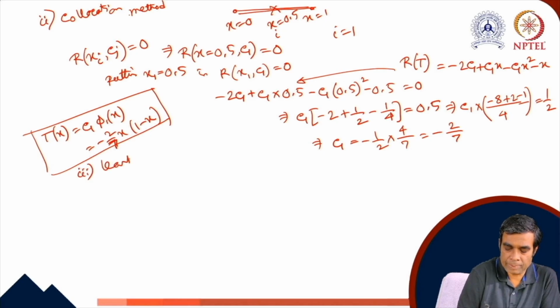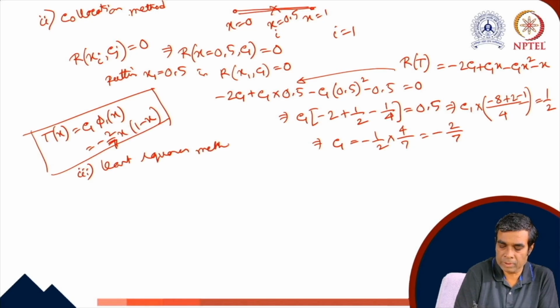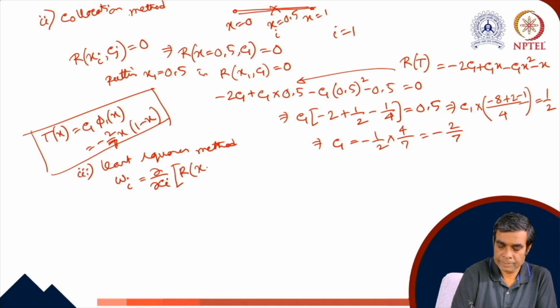So in the least squares method we have only one weight function. We have wi equals del by del ci of r of x comma cj.